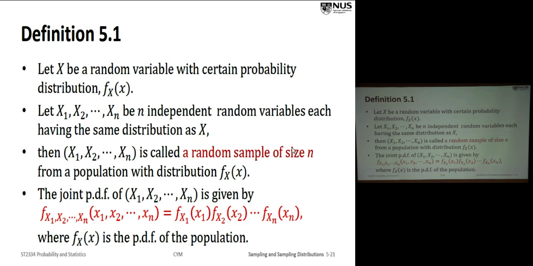The joint PDF or PMF is just the product of the individuals. So this is the theoretical x we're interested in, and we take a random sample to represent this random variable, and we can express the joint PDF.